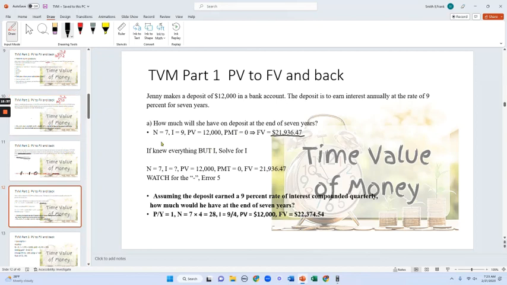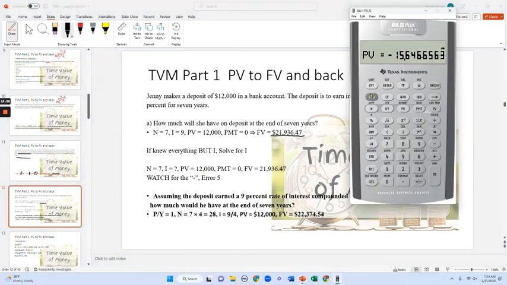If I knew everything now and I'm changing up the problem, but I wanted to solve for I, like we didn't know what I was, remember you can solve for N, or you can solve for I, or whatever out there. The N would be 7, the I we don't know now. You still put in $12,000 now, and let's put that in as a present value. This is an important concept here too.